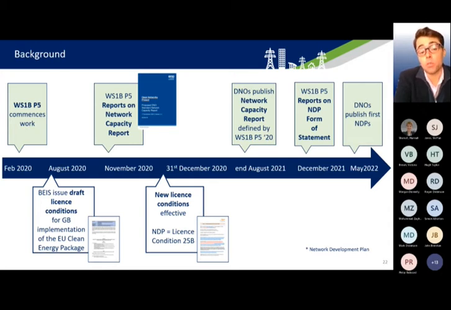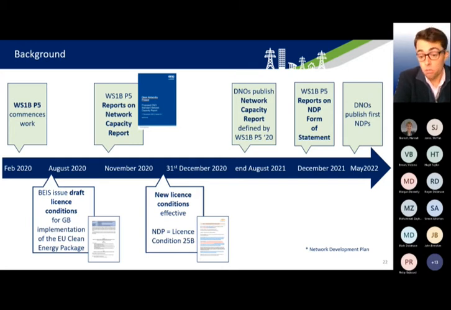So we took it away, and we said we'd work on that license condition and develop the formal statement for what was going to be called the Network Development Plan. The Network Development Plan is slightly different to the Network Capacity Report because it has the Network Capacity Report within it, but has more detail, and I'll explain that in a minute. The new license condition came into effect in December 2020.